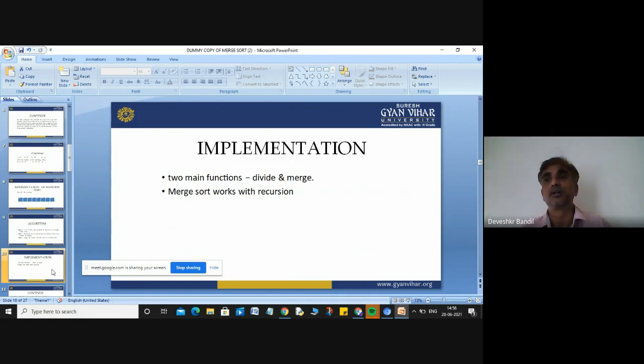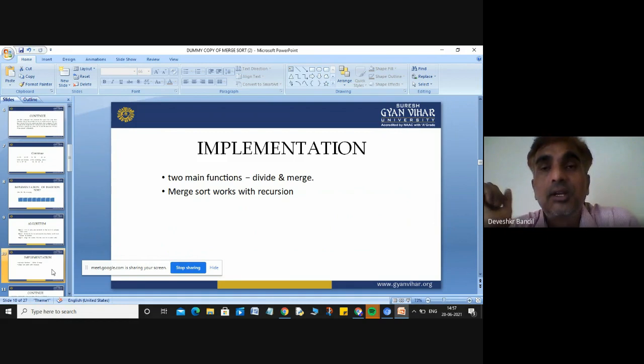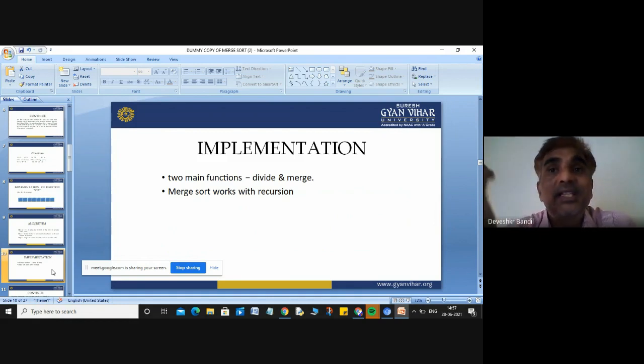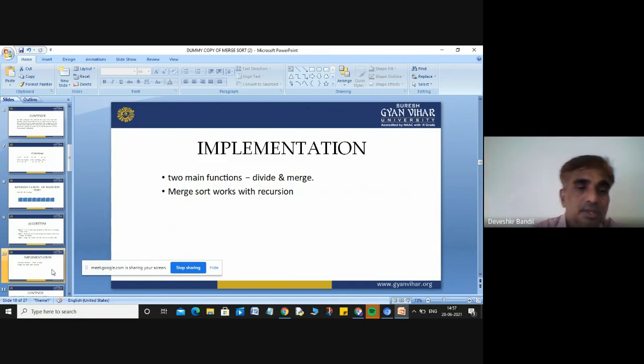Recursion means calling itself many times. Okay, so merge sort works with recursion. Suppose I am talking about the recursive function. A recursive function means if your function calls itself, it is called a recursive function.